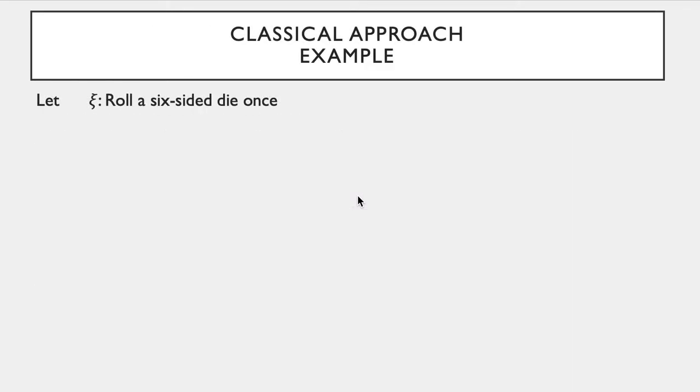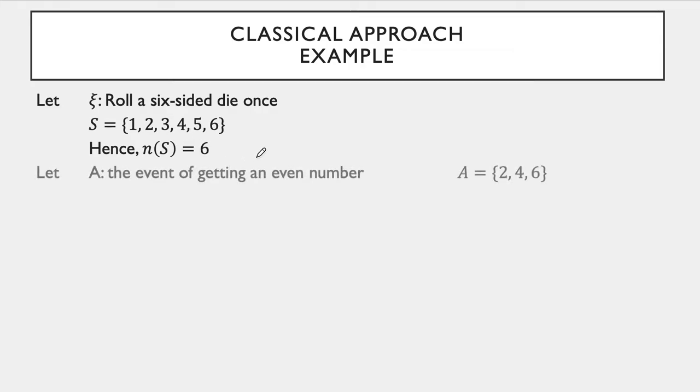Let's have some examples for the classical approach. Let's go back to the example where we roll a six-sided die once. We have this S, and we count our n of S: 1, 2, 3, 4, 5, 6. The number of outcomes in the sample space is 6. Let A be the event of getting an even number, which we answered in a previous video.